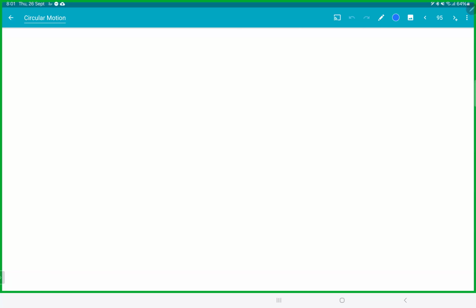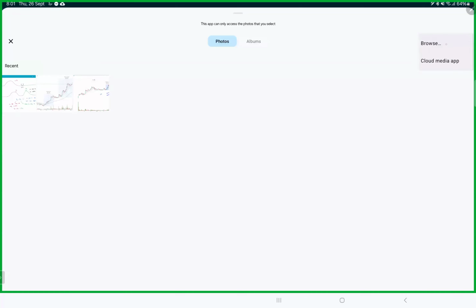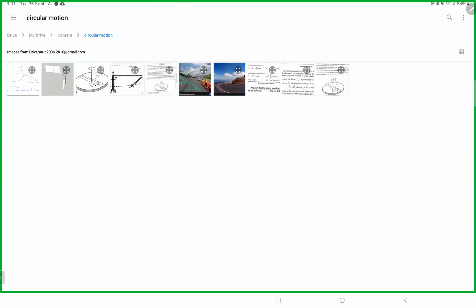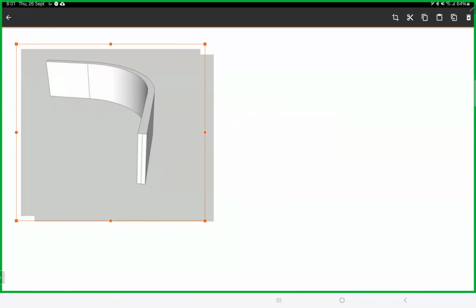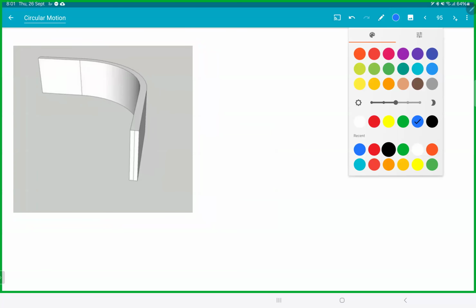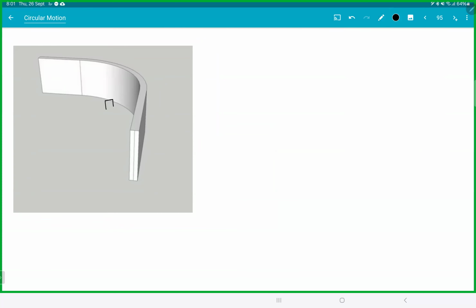So when this thing is going in a curve, when the block is somewhere here, what are the forces acting on this?